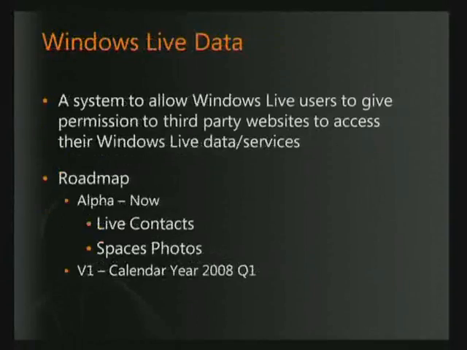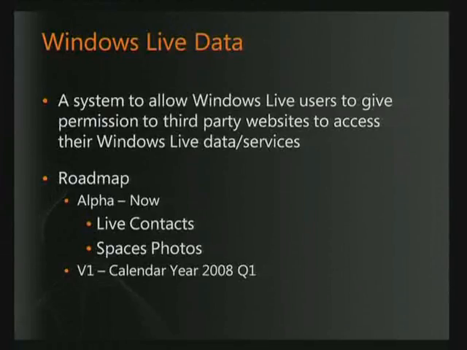Now, what Windows Live Data is, the system, is a way of securely granting a third party, so someone that is not Microsoft, access to the data that you have stored within Windows Live services. So it's a framework, it's an authentication gateway into all of these back-end services that we have.